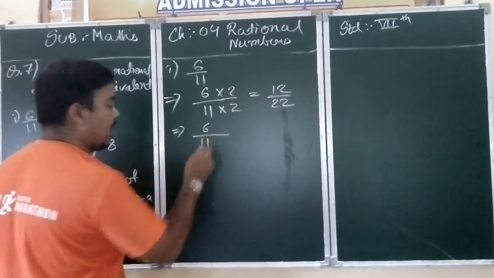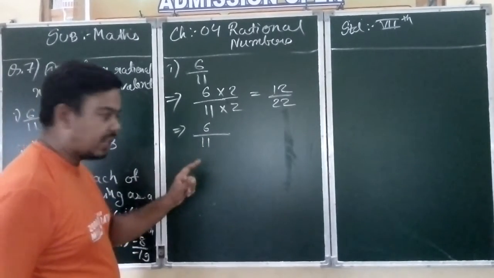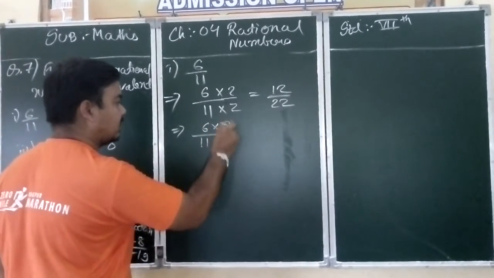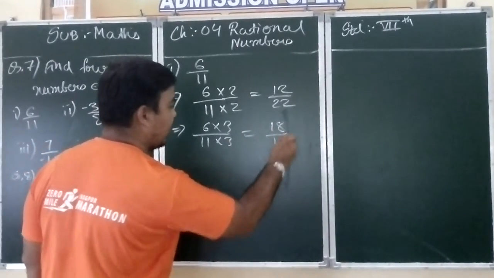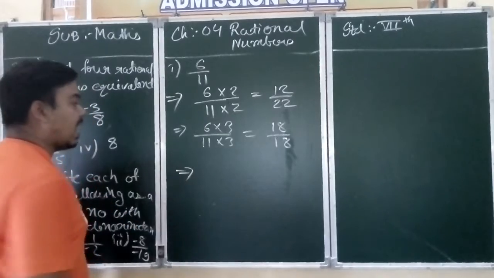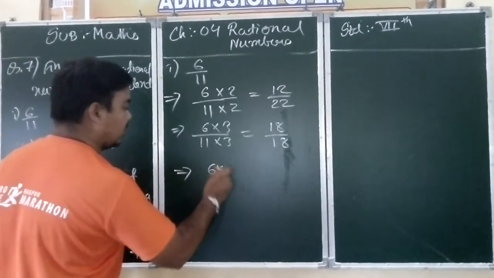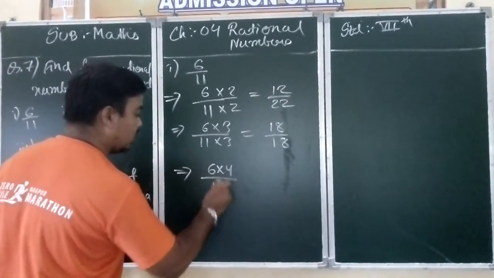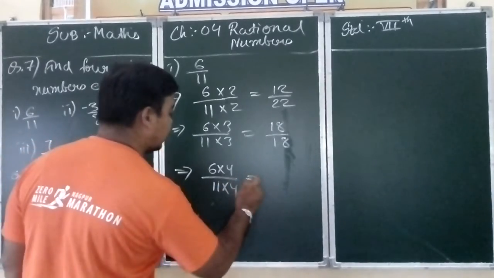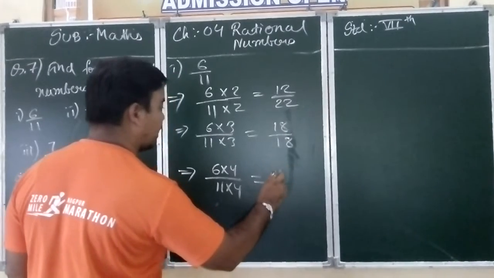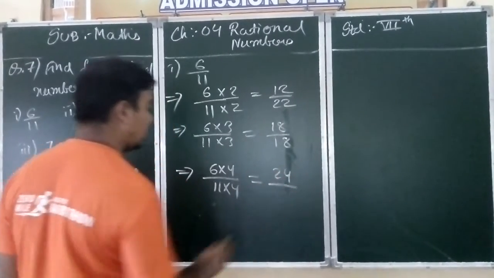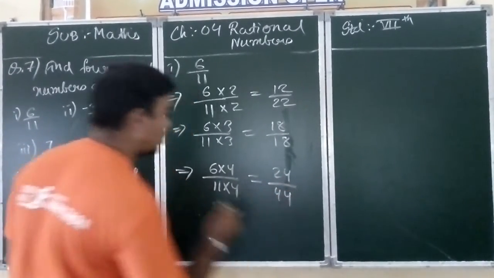Then 6 by 11 again, the rational number is unchanged, multiply by 3. So 6 into 3 is 18, 11 into 3 is 33. The next number is 6 into 4, 11 into 4. So 6 into 4 is 24, 11 into 4 is 44.